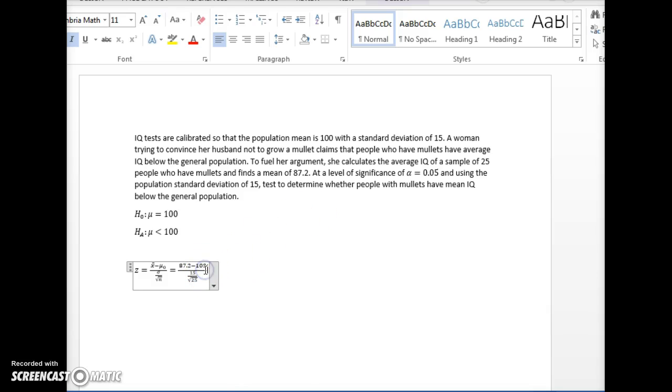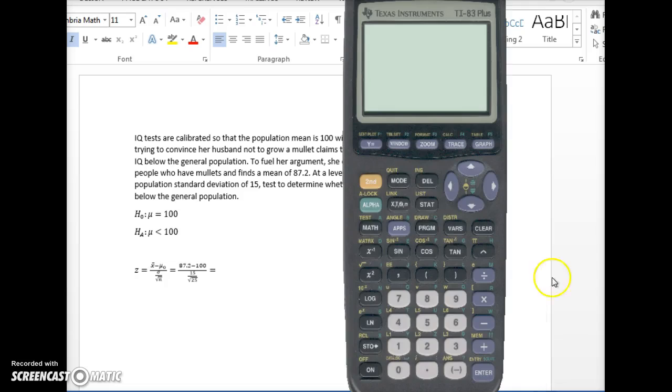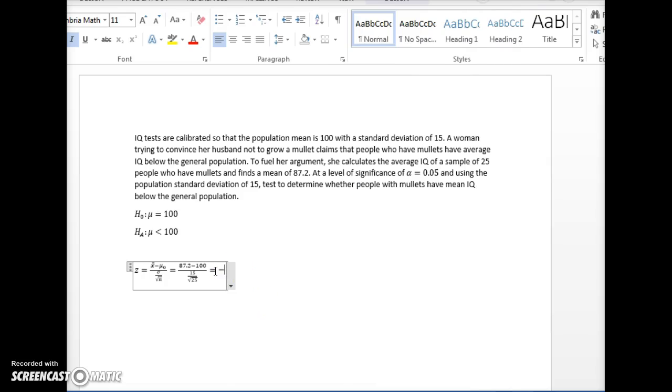So plugging that into the calculator, we have 87.2 minus 100, divided by 15 divided by square root 25. And that gets us negative 4.266, which you can just round to negative 4.27.